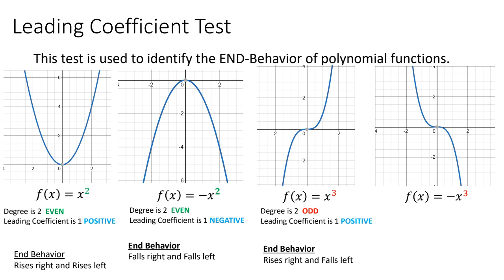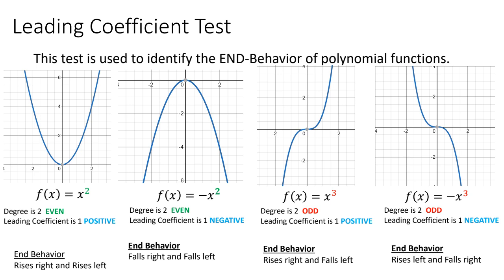If my polynomial is odd but my leading coefficient is negative, the end behavior is going to rise on the left and fall on the right. This is how we can graph any polynomial.